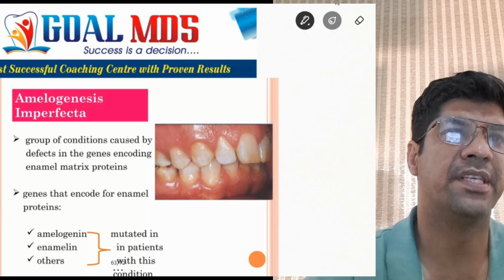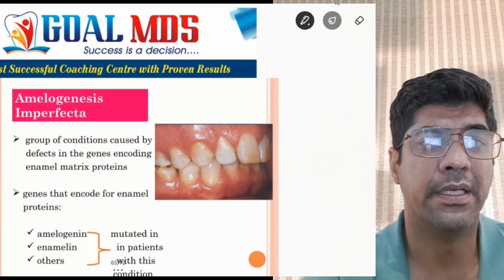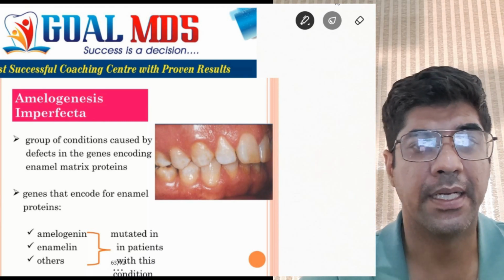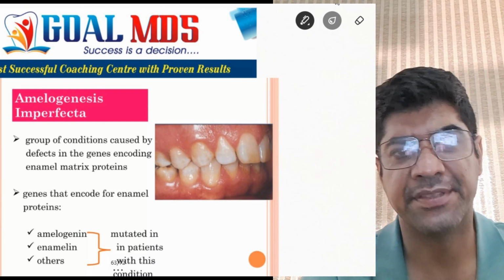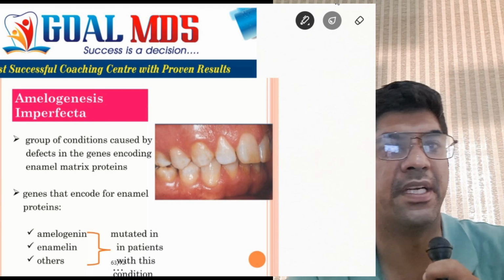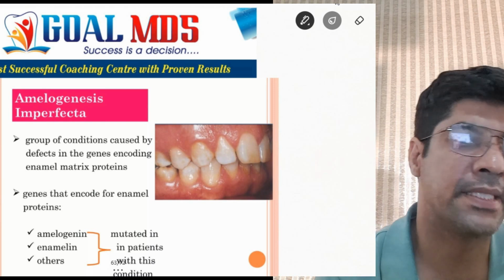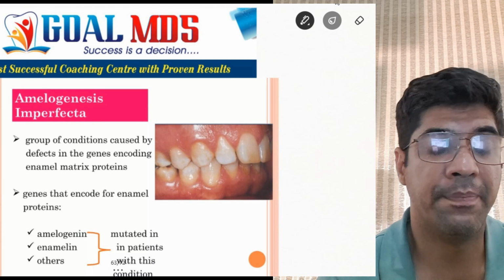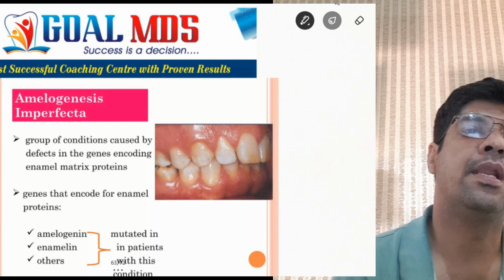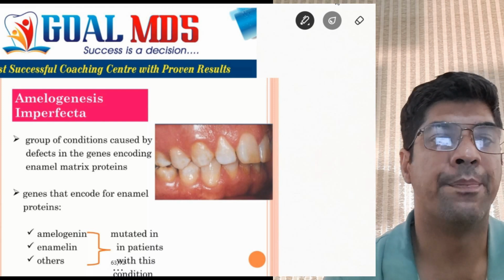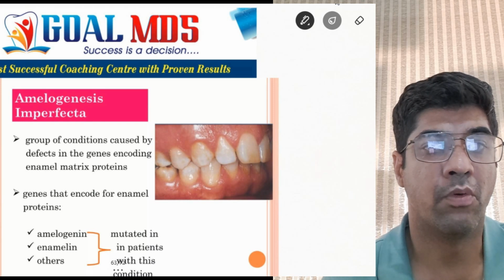Moving next to amelogenesis imperfecta. What is amelogenesis imperfecta? It is a genetic disorder that affects the enamel of the teeth. The enamel is the hard outer layer that protects the teeth from daily wear and tear, as well as from temperature changes and chemicals. In patients with amelogenesis imperfecta, the enamel does not develop properly.